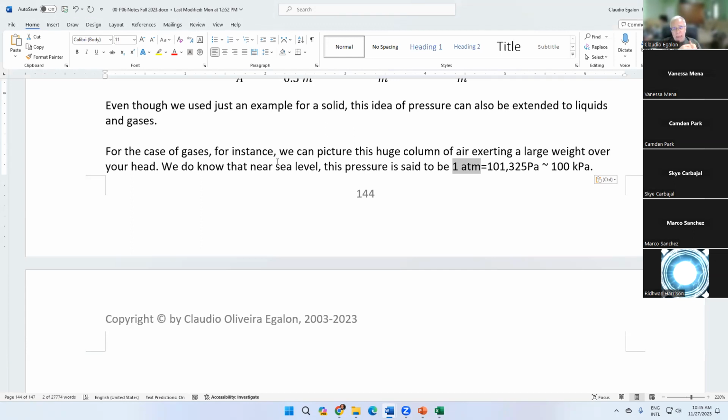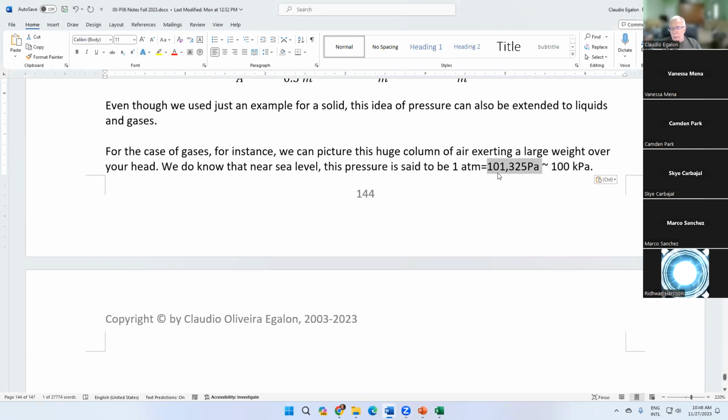But don't forget, the unit atmosphere is not the SI unit. The SI unit is the Pascal, Newton per square meter. When you convert atmosphere to Pascal, it's approximately 101,325 Newton per square meter.